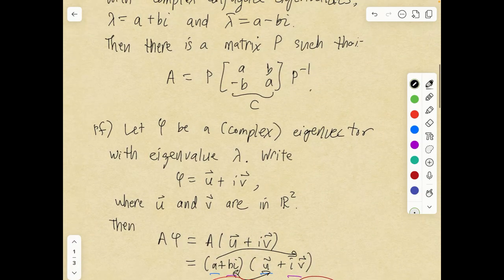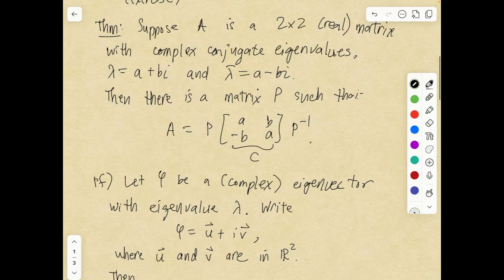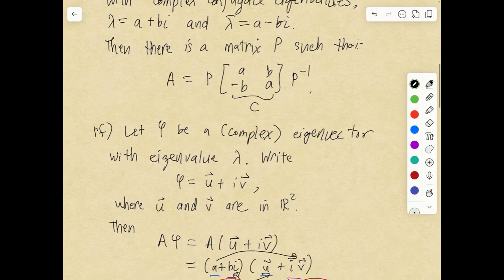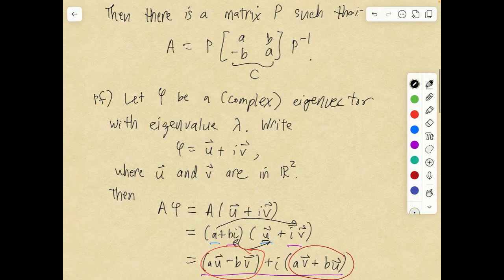So A is equal to P times this matrix times P inverse. And that's the proof.